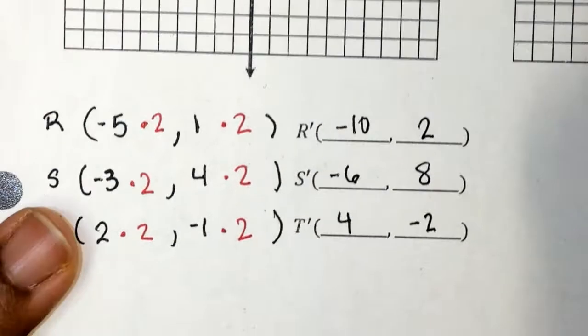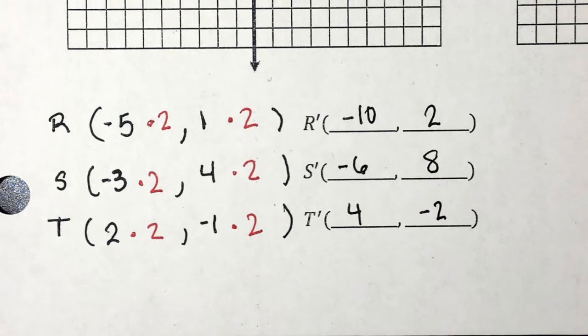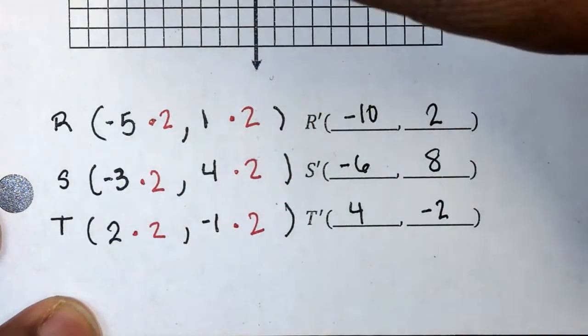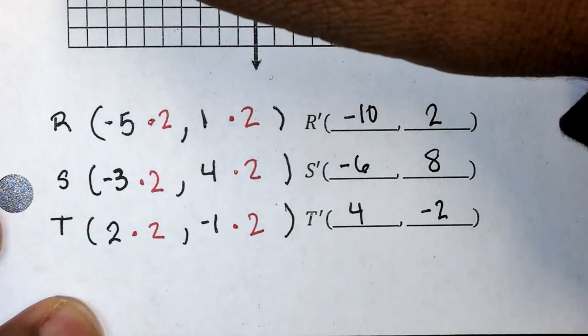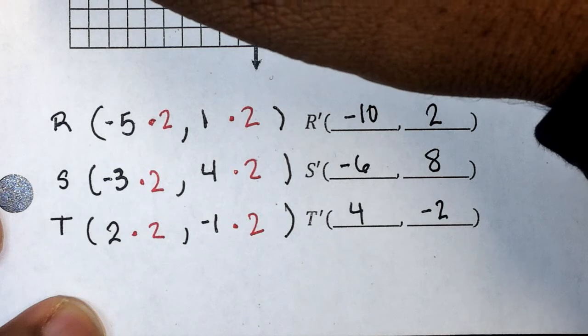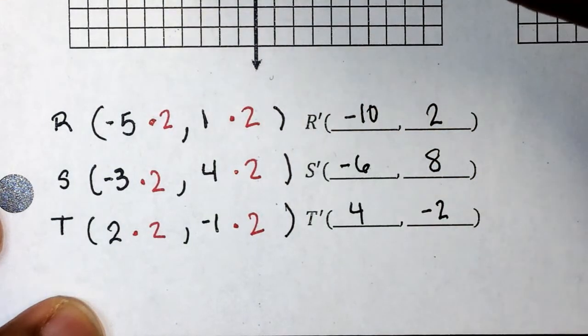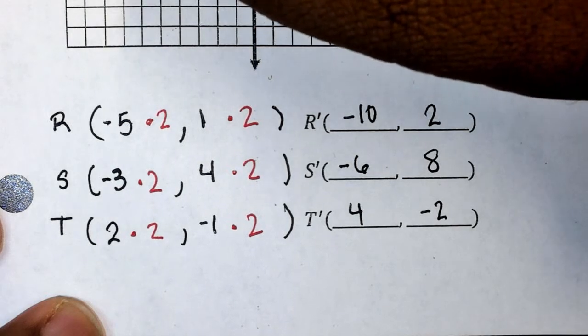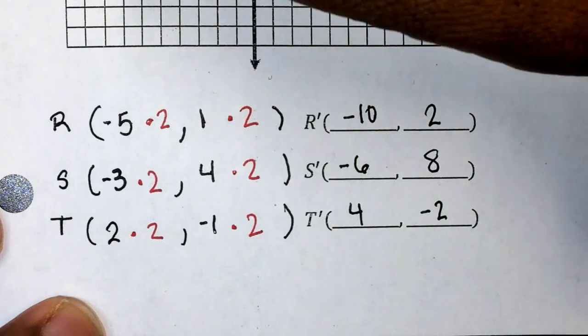Well, I'll leave that down there for a second if you haven't written it down yet. But I'm going to graph those points. -10, 2. -6. That's 8.